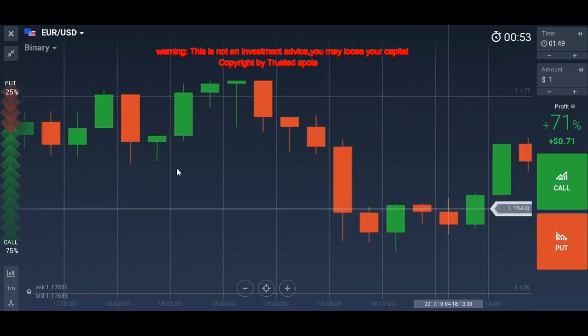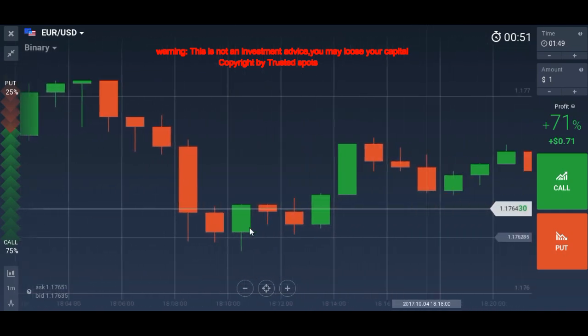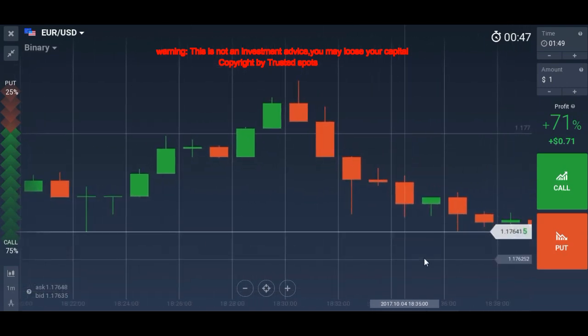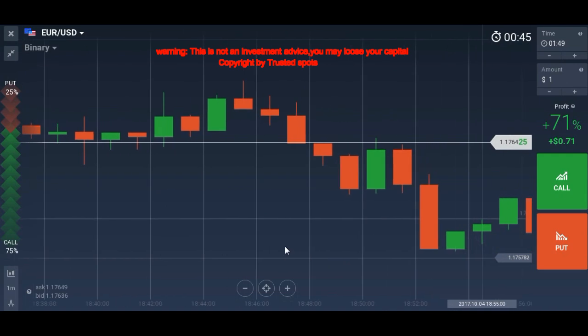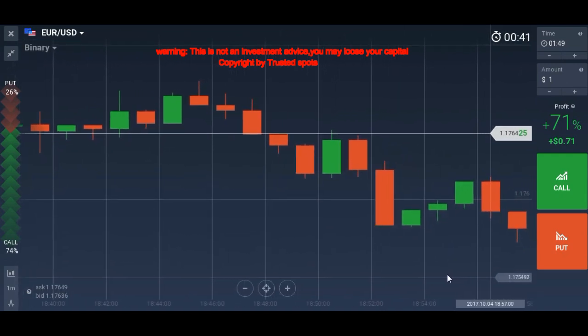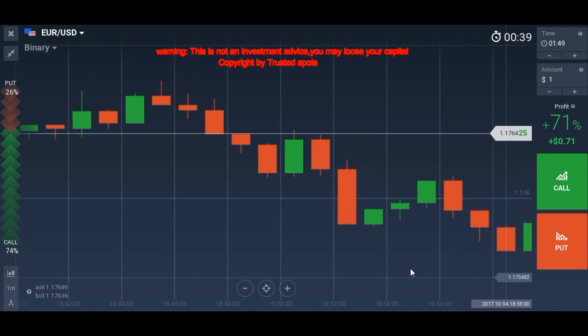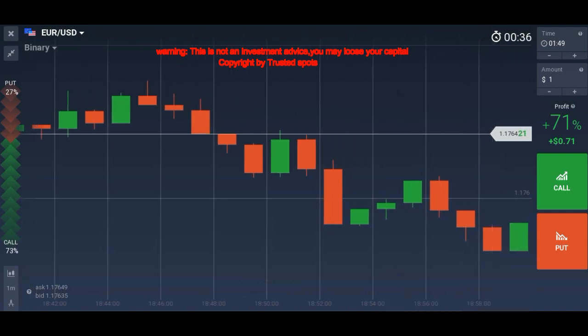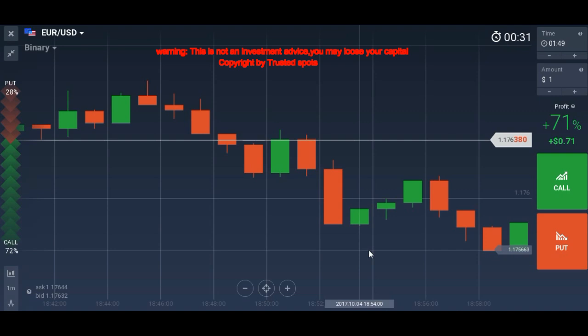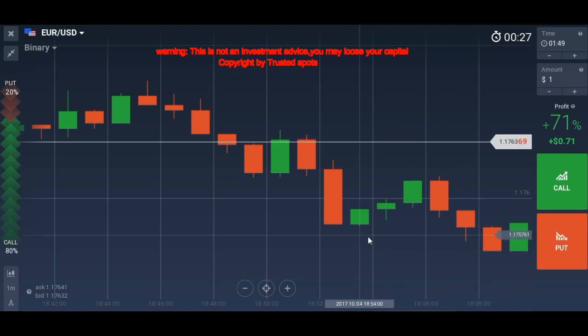Okay, so let's start from GMT 19. Now this is the last candle. After that the GMT time will start, GMT 13, and so let's start.